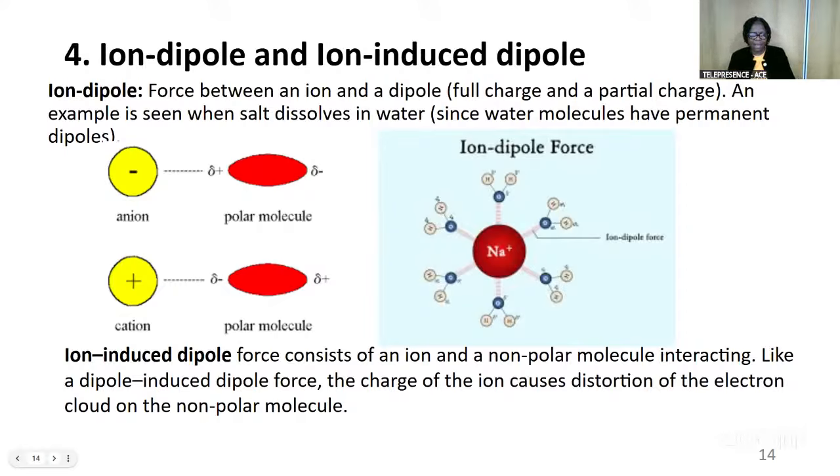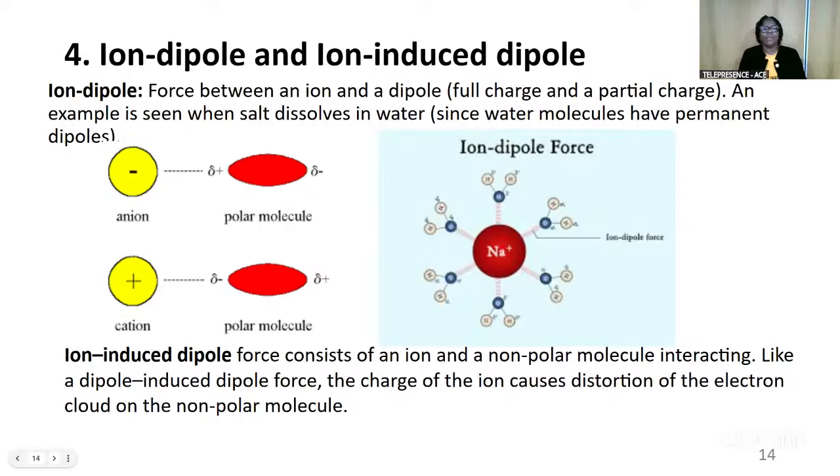If you have an ion that is coming in close contact with a non-polar molecule, then it's going to induce a dipole on the non-polar molecule, and that is ion-induced dipole attraction. So for ion-dipole, you have force between an ion and a dipole.